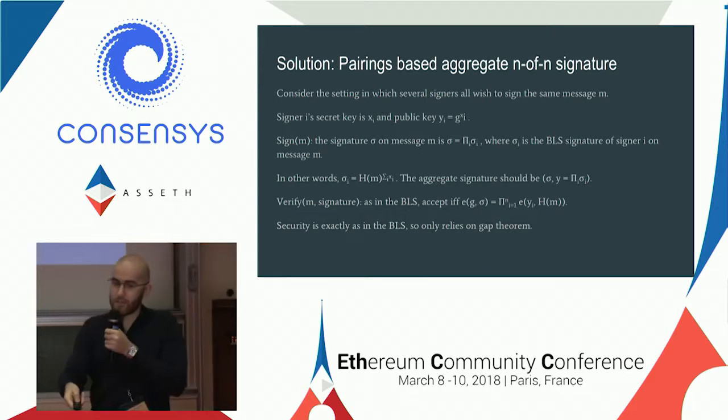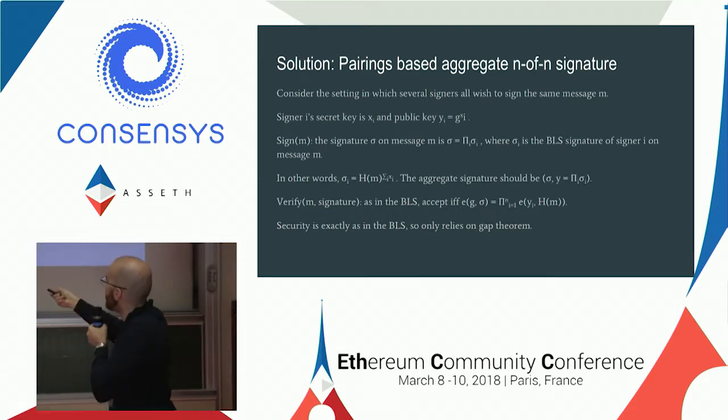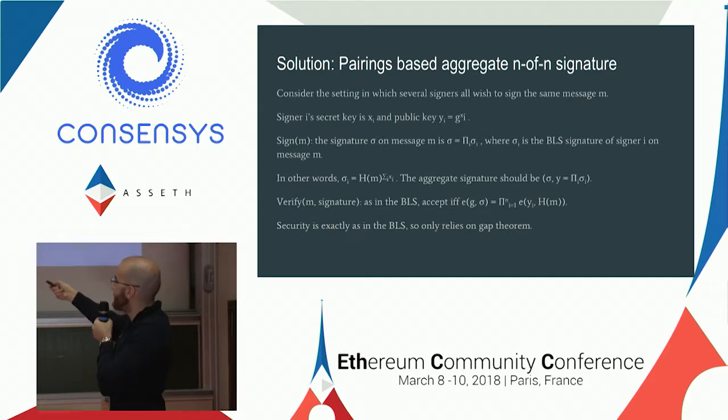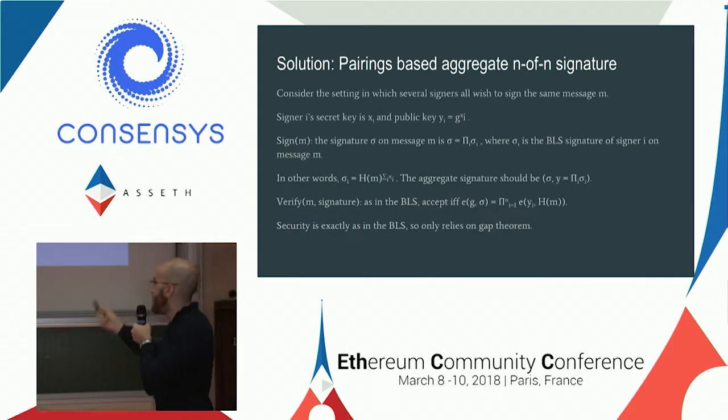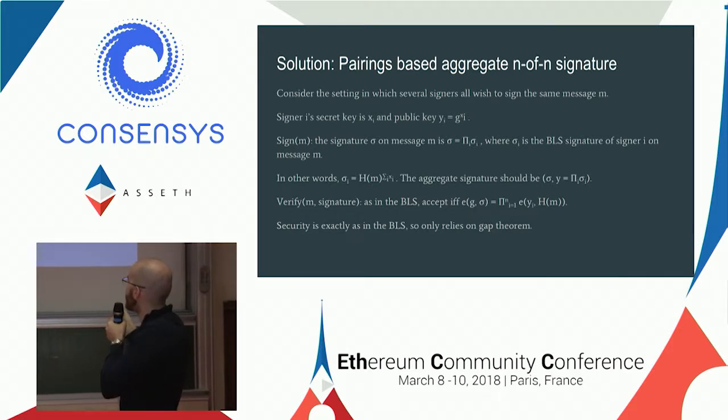So in other words, each individual signature is just h(m) to the individual's private key. So the aggregated signature is basically what we did over there.